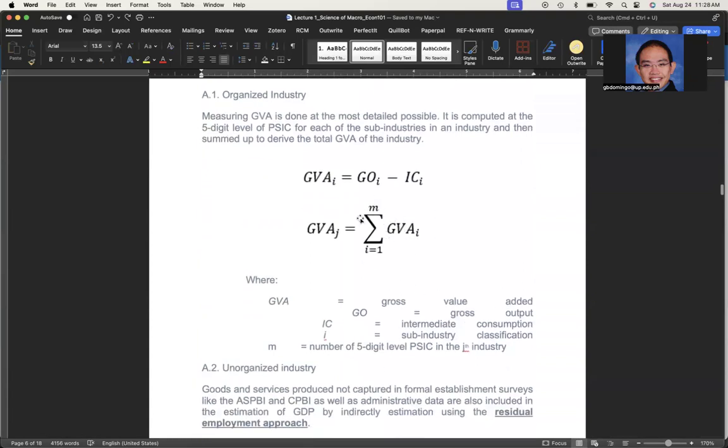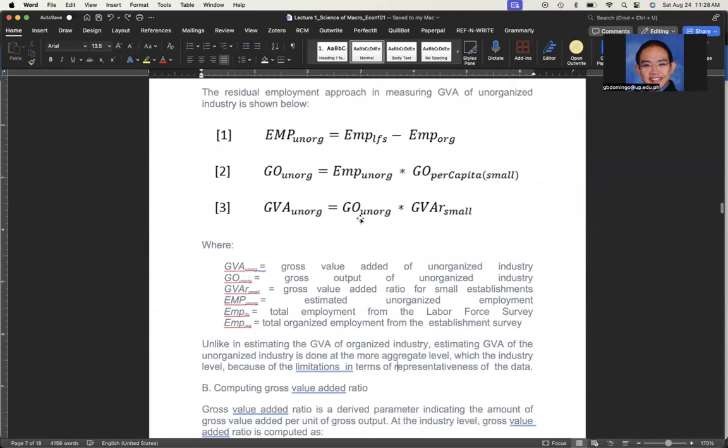That's why it's summed to M. So this estimation, this imputation, is done only 16 times, for the 16 major aggregate industry categories in the Philippines. And it's done because of limitations in terms of representativeness of the data.